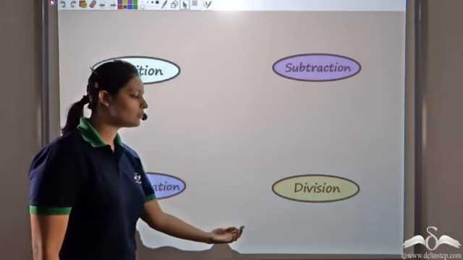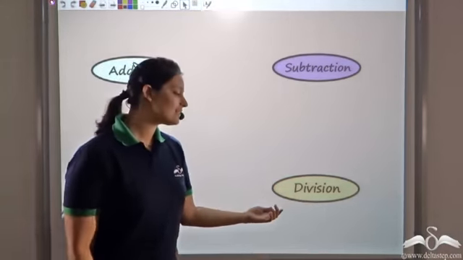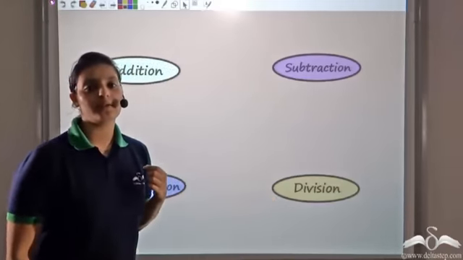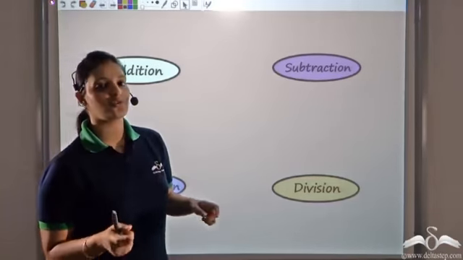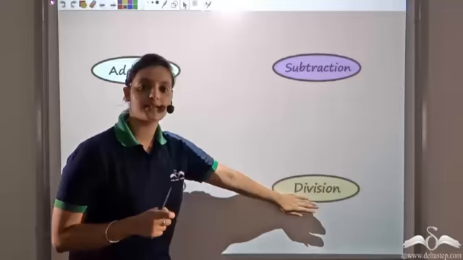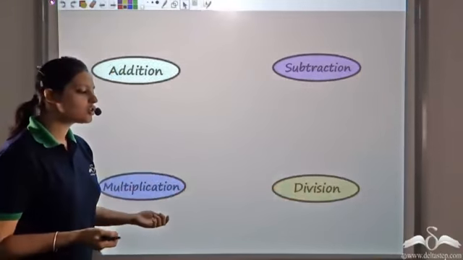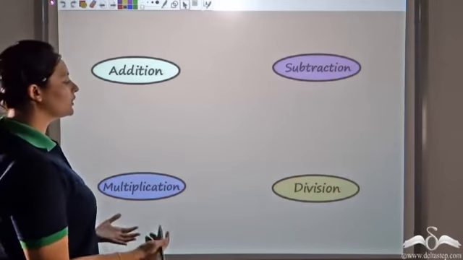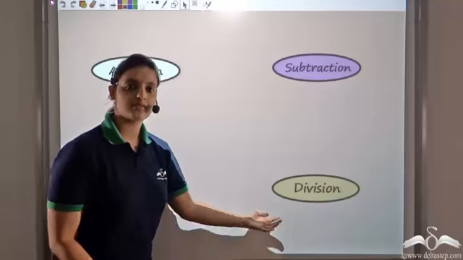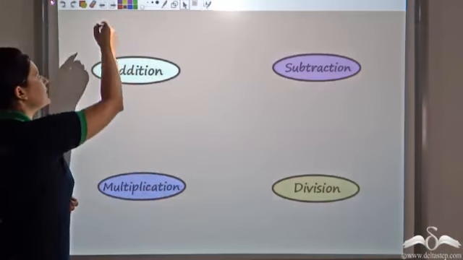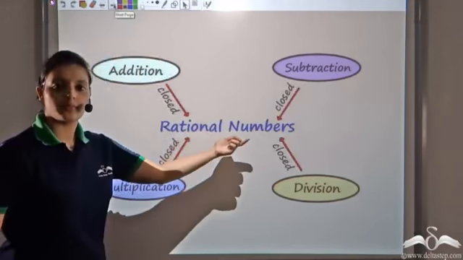But when we moved on to division, we saw that division could not be expressed. Every time division was not able to express the result through an integer. So we included the fractions with the integers and we called these numbers rational numbers.